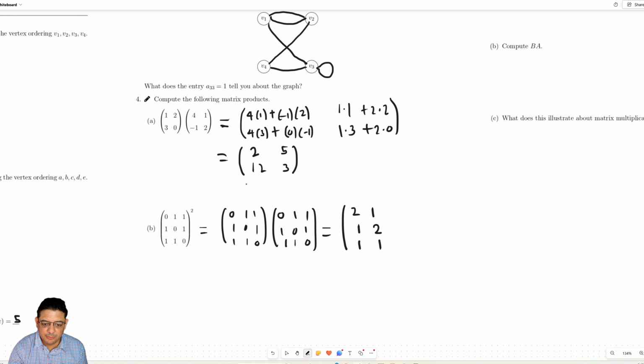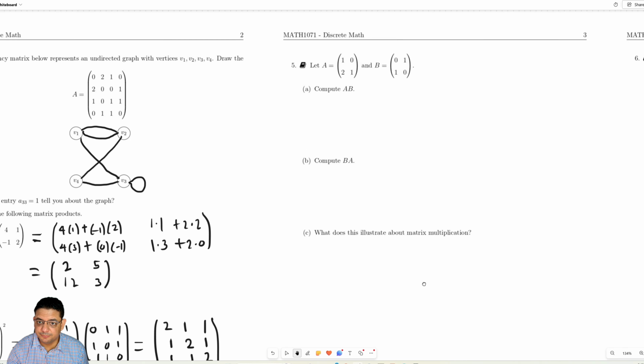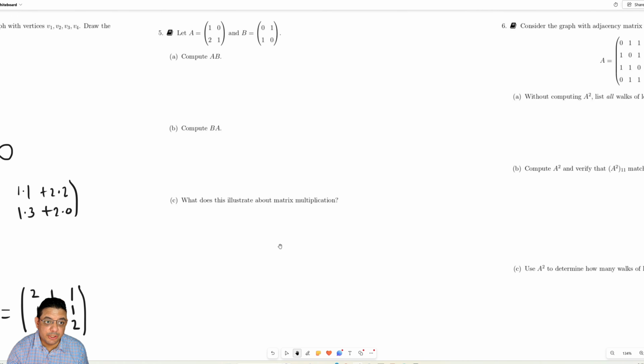Then 1, 1, 0 multiplied by this is just going to give me a 1. 1, 1, 0 by this is giving me 1, 2. And finally, 1, 1, 0 times 1, 1, 0 is just going to give me 2. So this is my matrix square. This is the result of that. All right, moving on. Let's go to question 5.